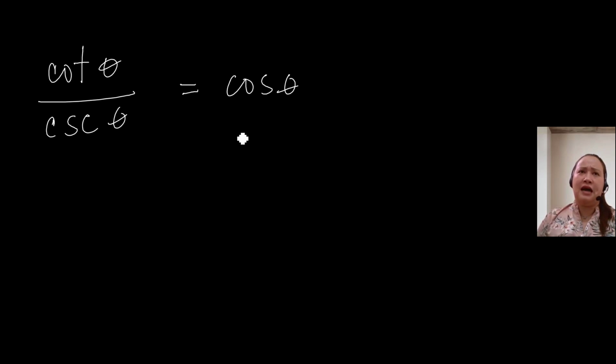So there are instances that your solution can be short. Then there are also instances that you can have a long solution. It will depend on you. Okay. So if we would like to show the left side equal to the right side, remember that in the third topic, what we did is, on the first step, we have to write the trigonometric functions in terms of sine, cosine, sine or cosine or both.